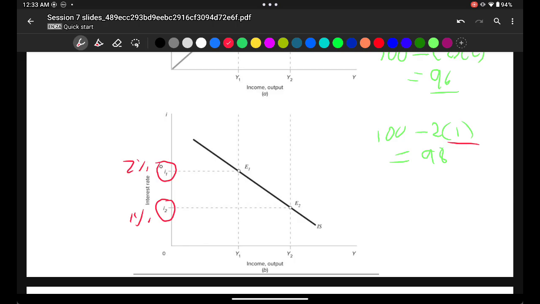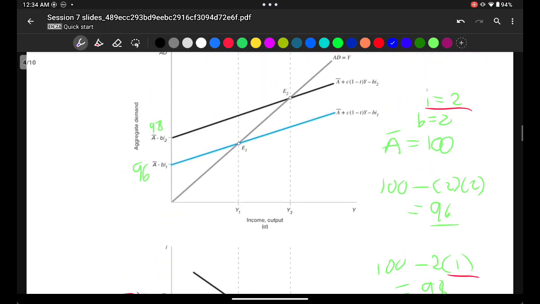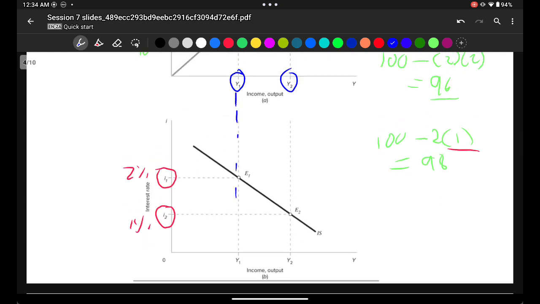So anywhere on the height, put 2% and 1%. And because the interest rate decreased, your aggregate demand shifted up. So you're going to have 2 equilibriums. Match it over here and match it over here. Goes down, goes down. Straight away draw a dotted line hitting the x-axis.